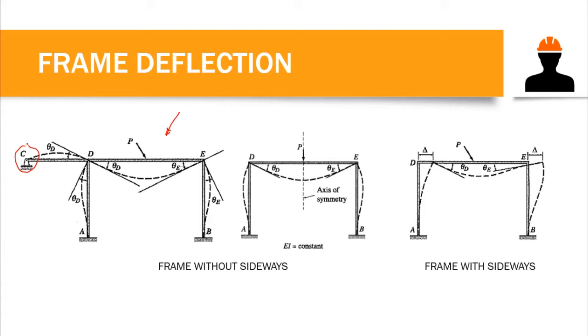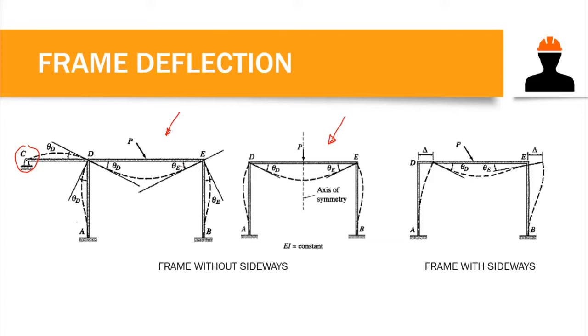Also, if our frame is symmetrical with respect to the y-axis, then due to its symmetrical form there would be no horizontal settlement of the joint in our frame system, and thus we have no sideways for this type of frame system.